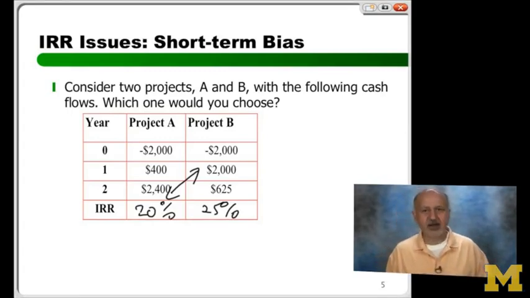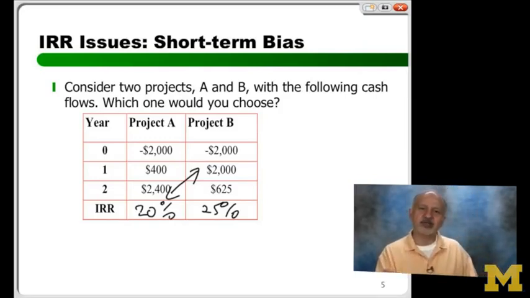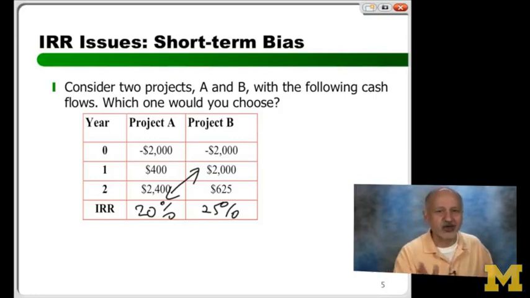Which one does IRR favor? It favors B because of that earlier cash flow. Now I'm not necessarily saying therefore project B shouldn't be taken. I'm just saying that comparing 25% with 20 is not the right way to do things. And I'll show you why not in a second.